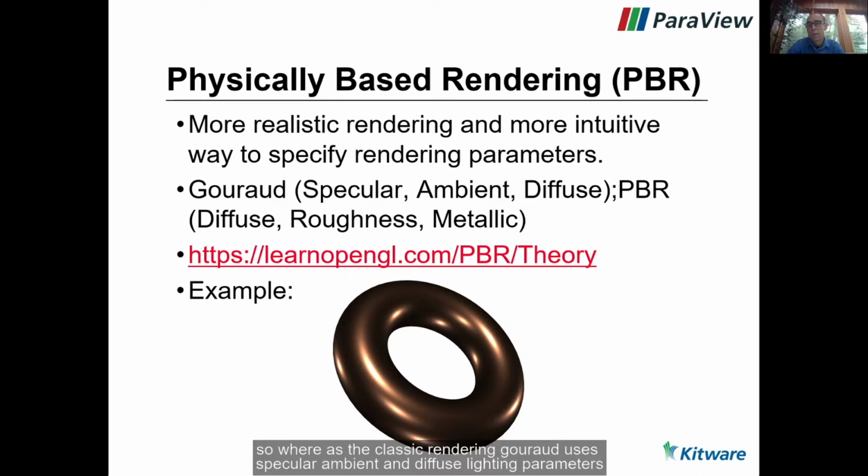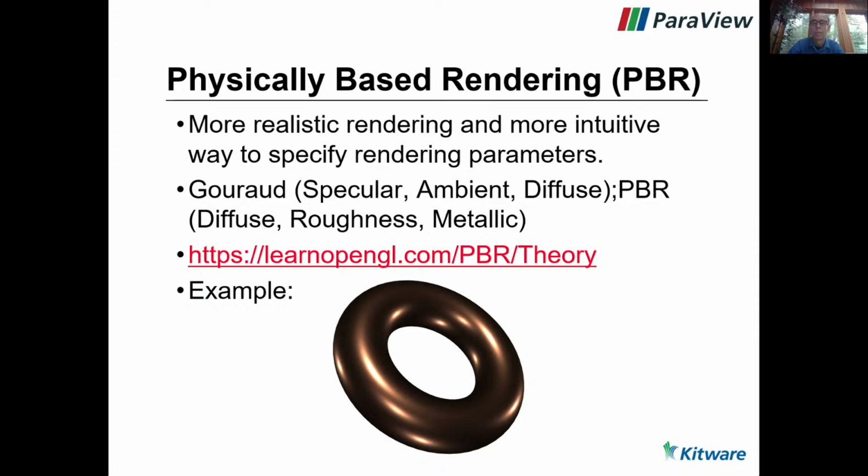Whereas the classic rendering, Gouraud, uses specular, ambient, and diffuse lights, PBR uses diffuse light, roughness, and metallic. I included this reference that has a good description of the theoretical information about PBR and also it has shaders for OpenGL.